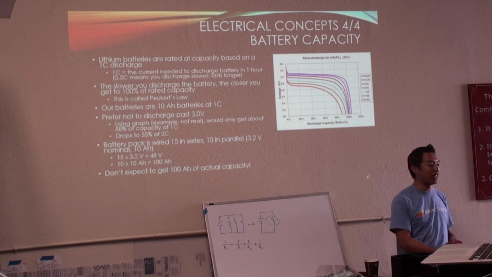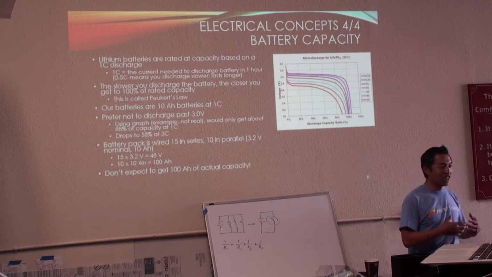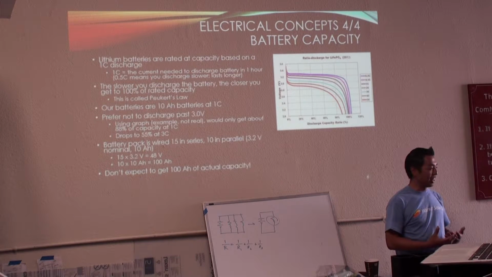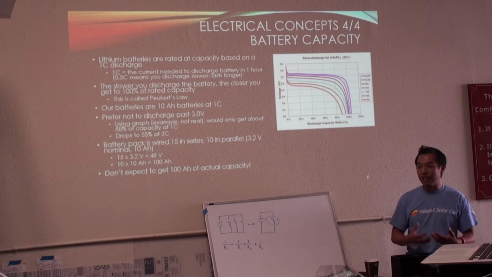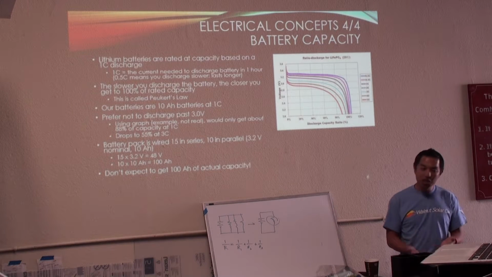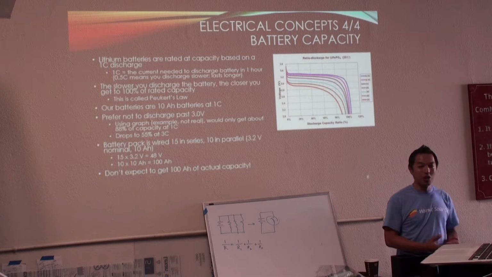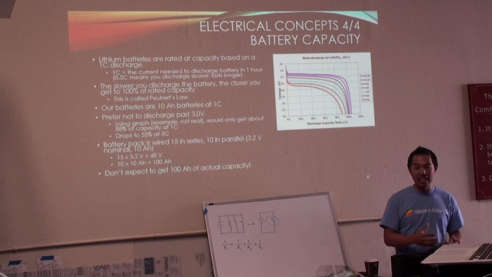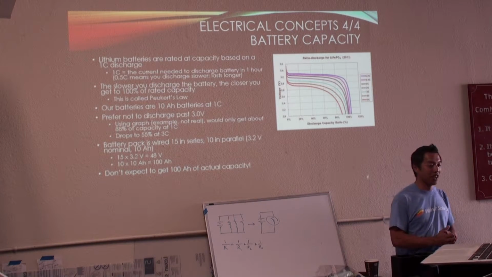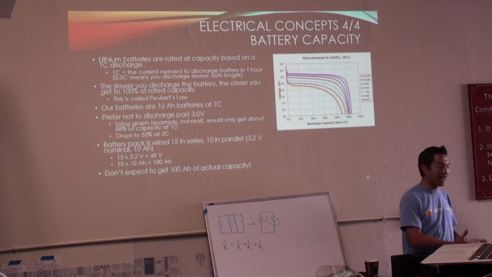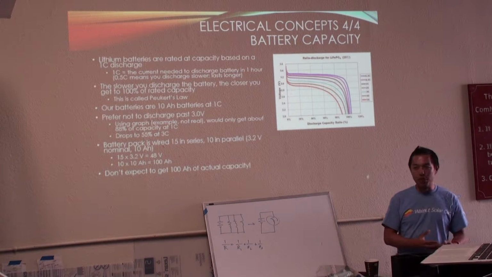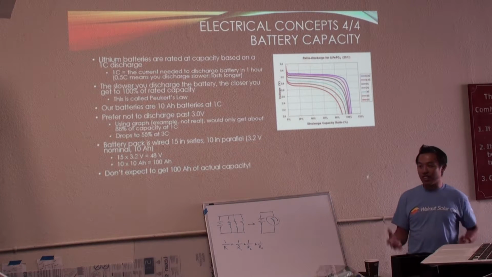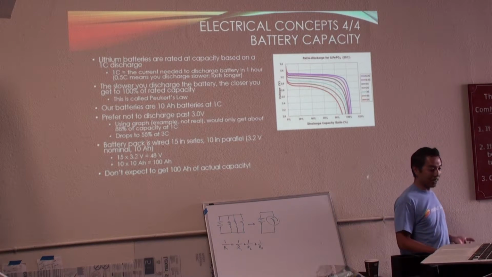Unfortunately, with battery chemistry, the more that you take energy out of the battery, the less capacity it will have. Which also works in inverse, right? So if I were to take energy out at 5 amps instead of 10 amps, I will likely get more than 2 hours worth of runtime out of that battery.